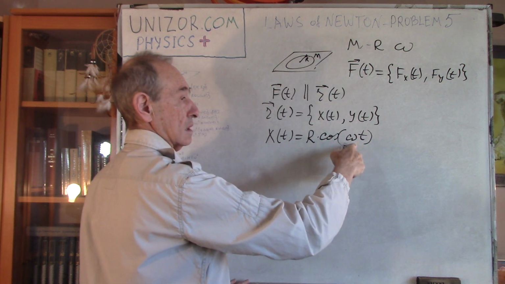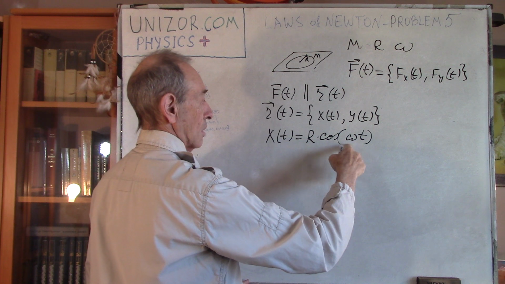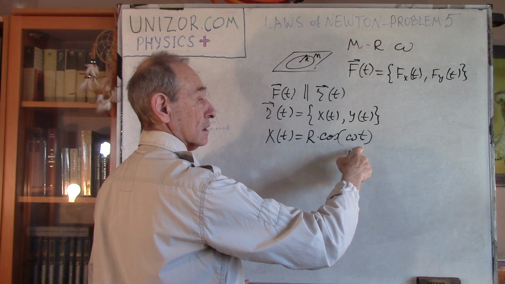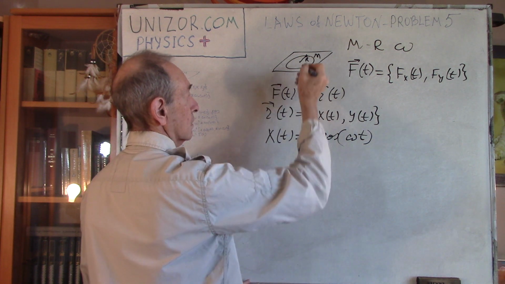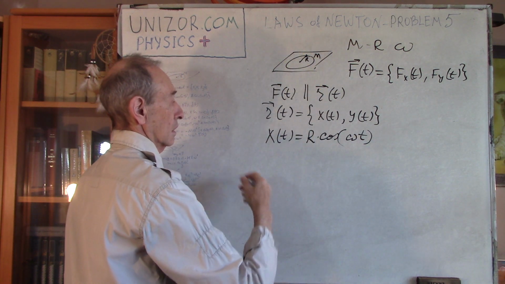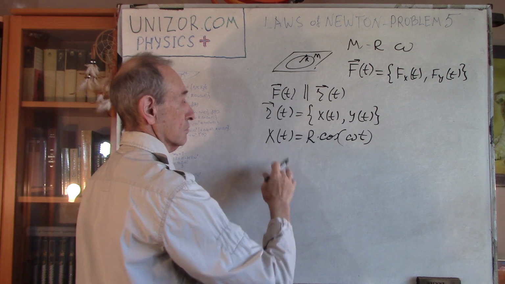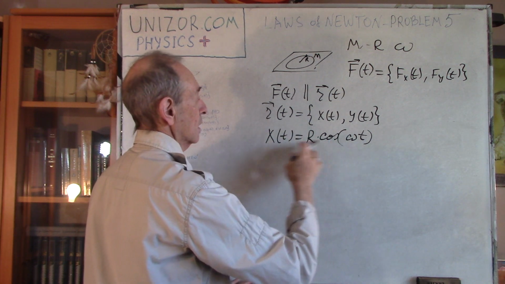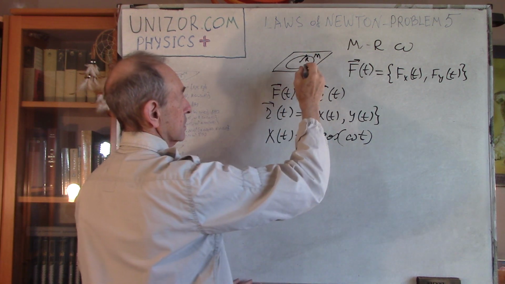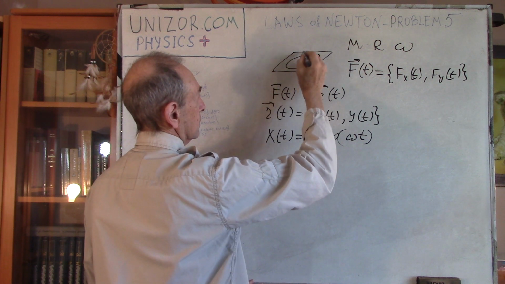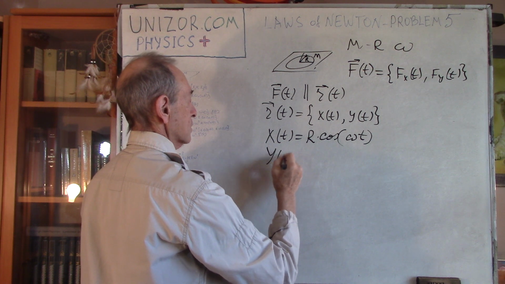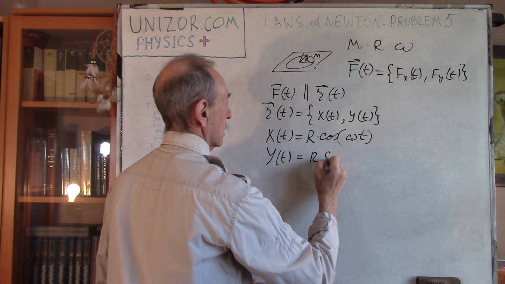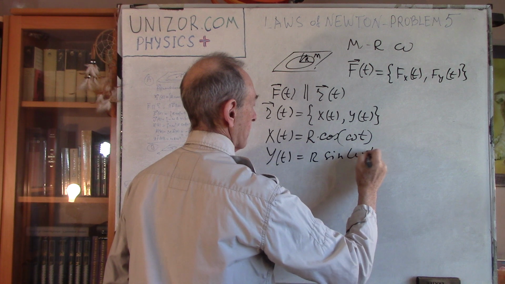Omega is angular speed, so omega times t is the angle of rotation by the time t, and the cosine of this angle would be my x coordinate, assuming that at time zero the x coordinate is r and the y coordinate is 0. So y of t would be equal to r sine omega t.